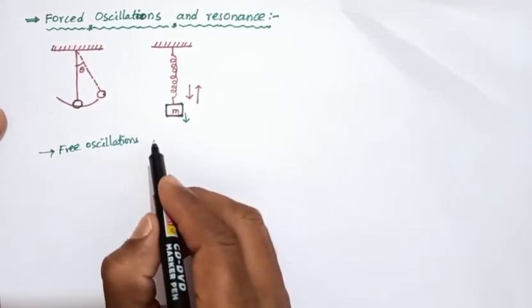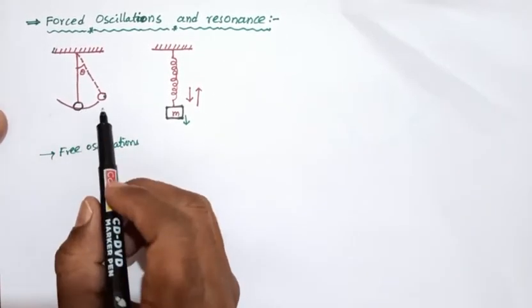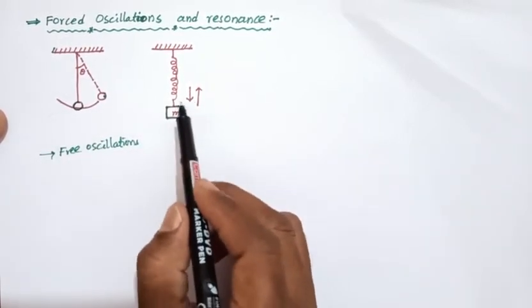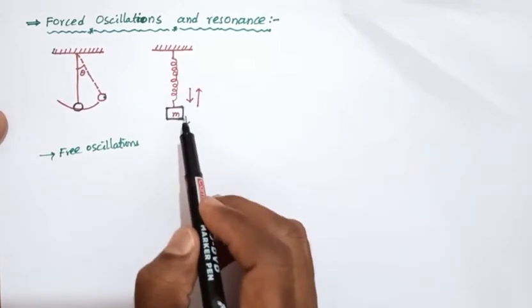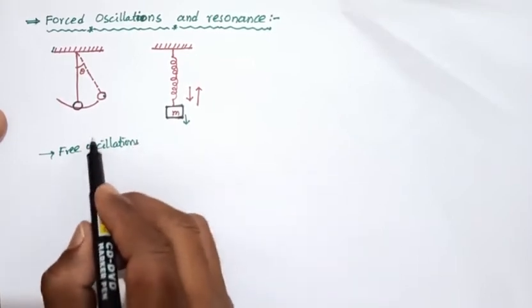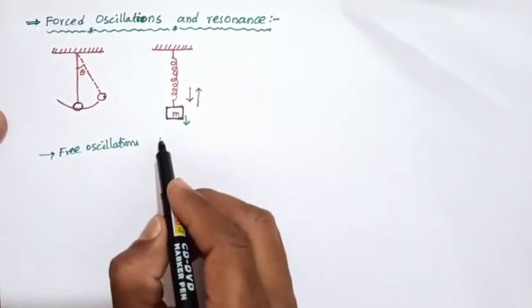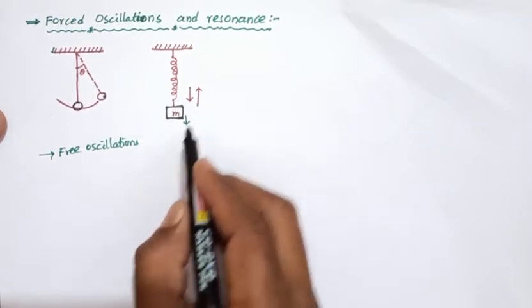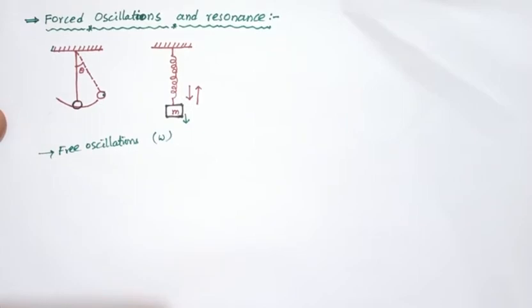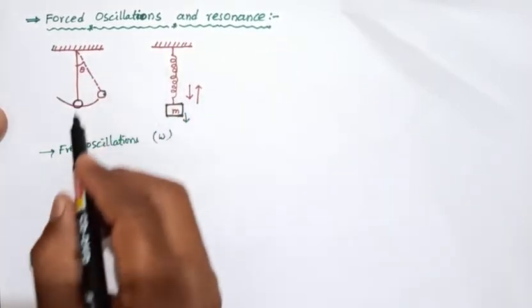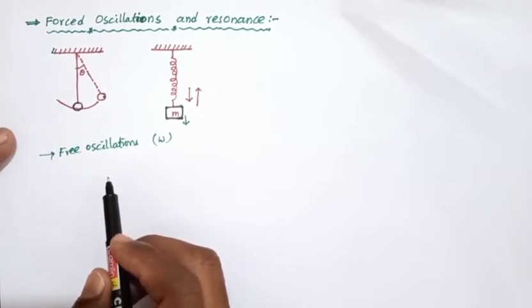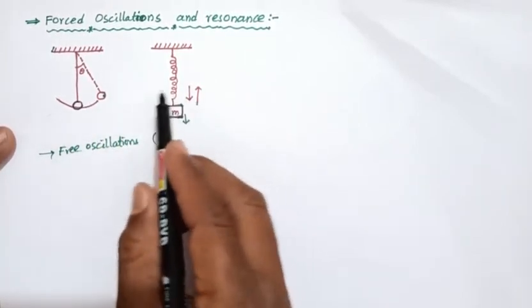In these free oscillations, a particle in a simple pendulum or a block of mass in a spring system has some particular angular frequency, which we have taken as omega here. These free oscillations eventually die out due to the damping force.